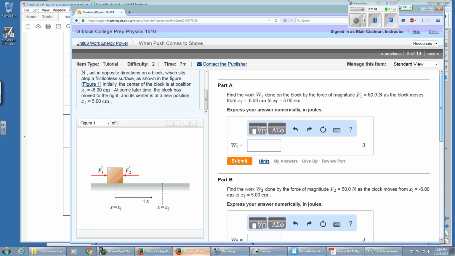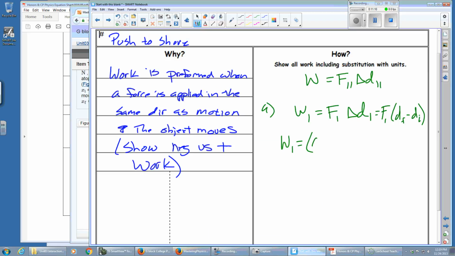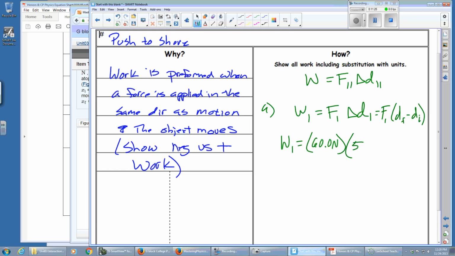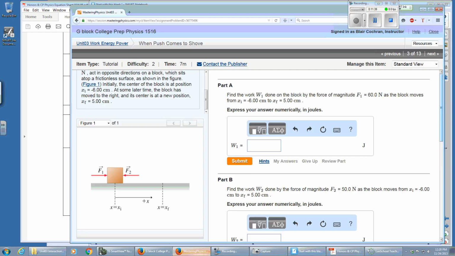My force number one is 60 newtons. My final position, my DF, is +5. I go from -6, so that's 5 centimeters minus a -6 centimeters. Yeah, that's my final position.